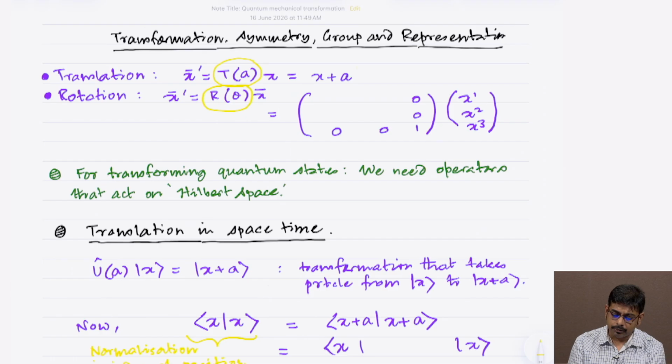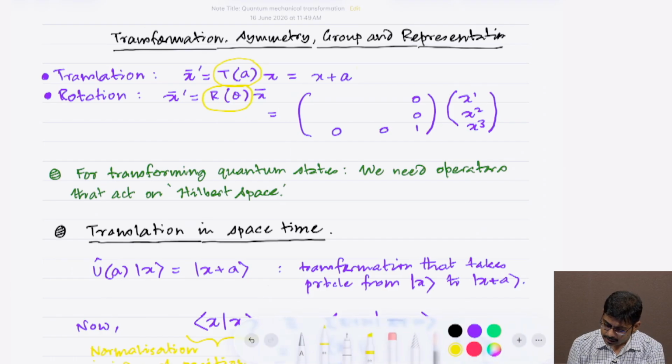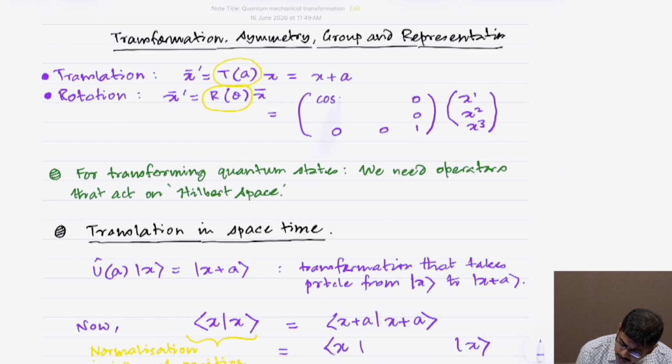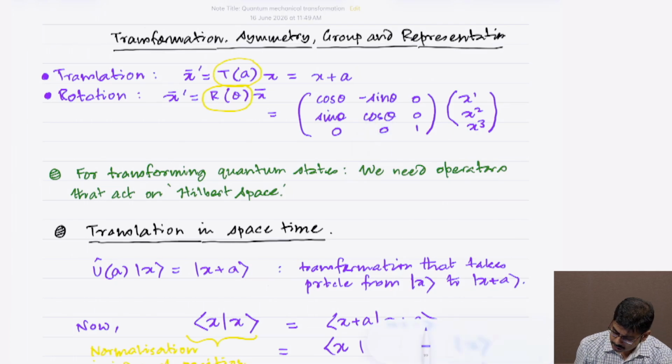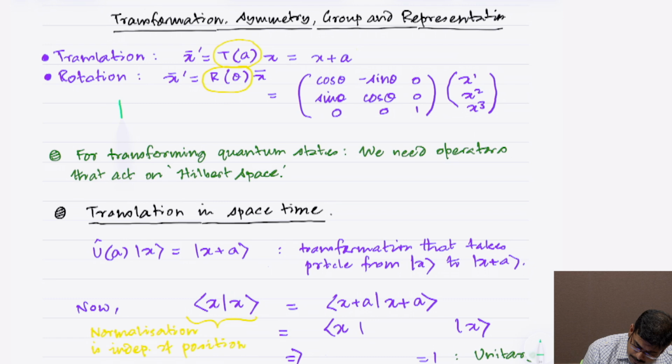If you are rotating by an angle theta, this is exactly how we should write it: cos theta, minus sin theta, and then sin theta, cos theta. Remember that in a 2-dimensional coordinate system with x and y, you rotate by an angle theta and go to x prime and y prime.